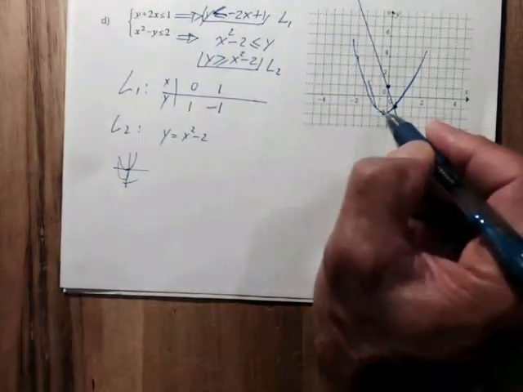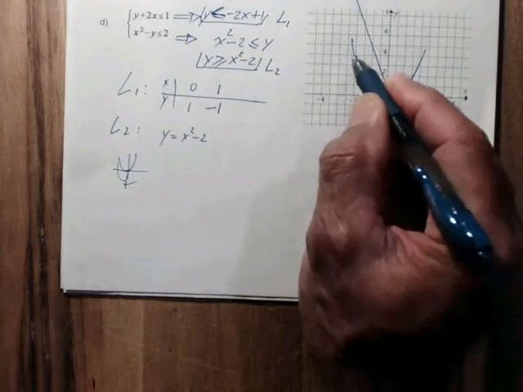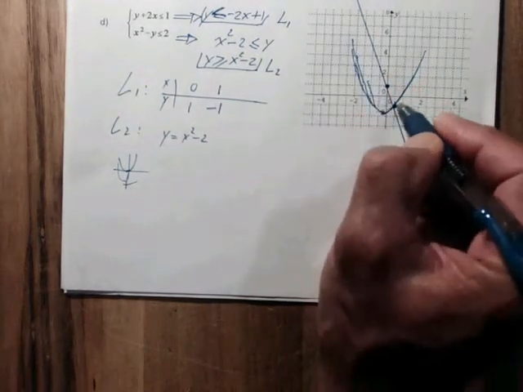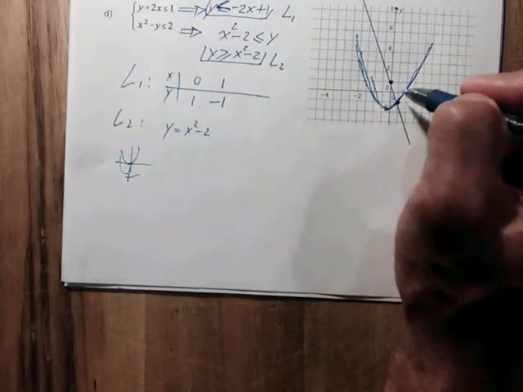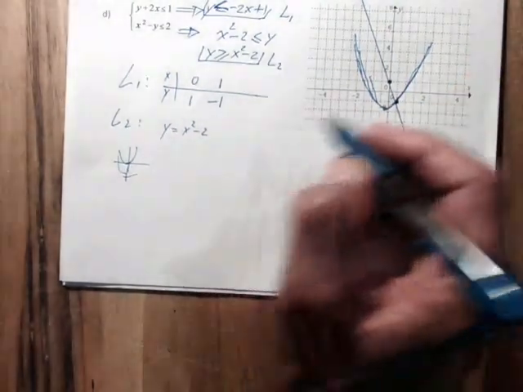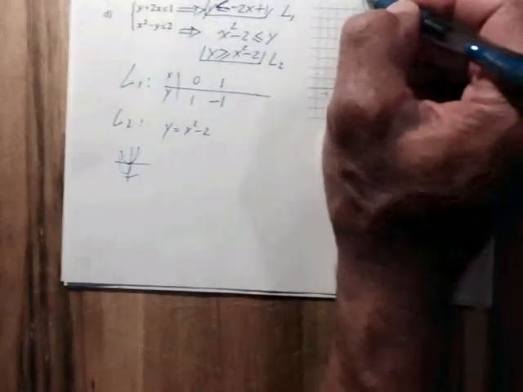We studied this, remember? My parabola didn't come out very neat. This is L2, and this is L1.